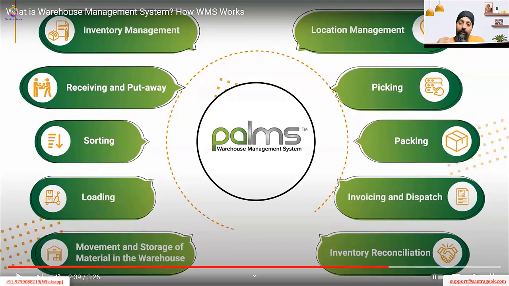It can be for the inbound process or for the outbound process. Inbound process means it can be a raw material warehouse. Outbound process means it can be a distribution center to distribute our finished goods. So a distribution center is also a warehouse, which you can call an outbound warehouse. To answer Kaushal's question.